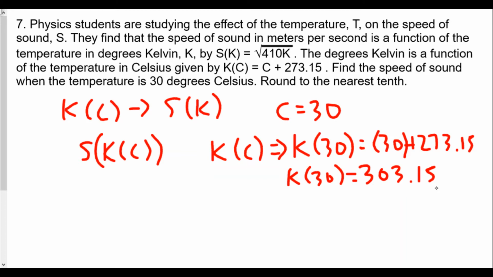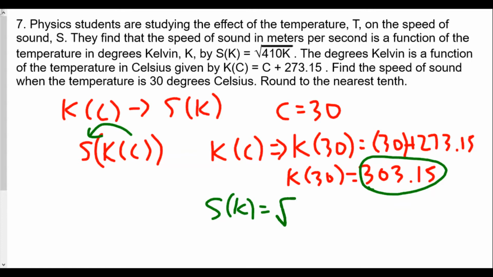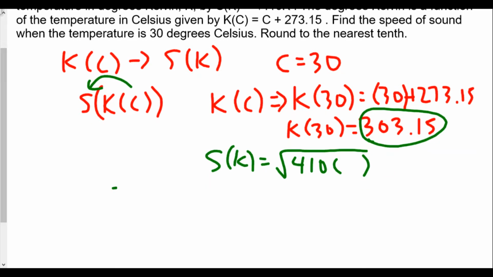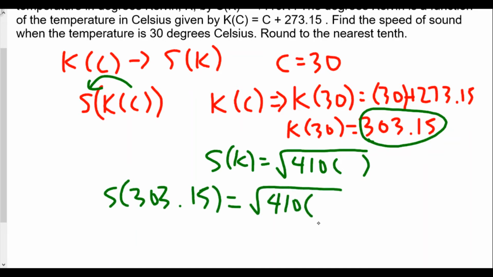Now this result will go into S. S of K is the square root of 410 times K, whatever K is. Therefore, S of 303.15 is equal to the square root of 410 times 303.15. Now let's bring out our calculator.